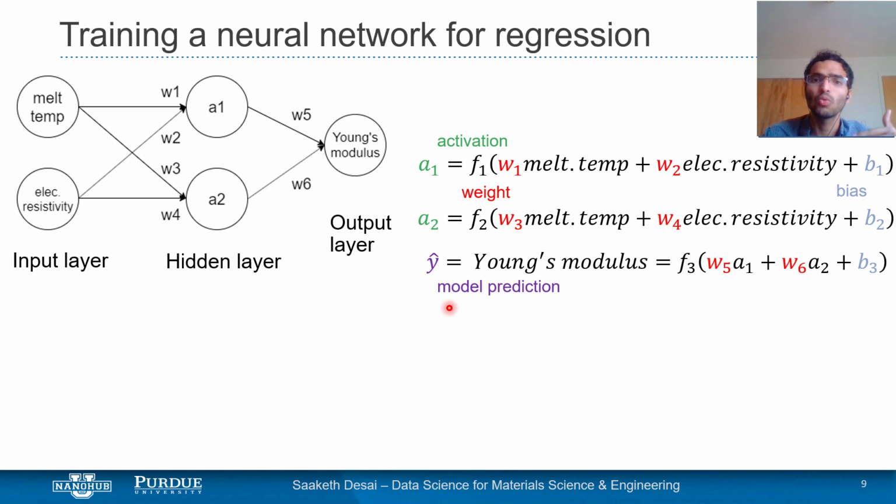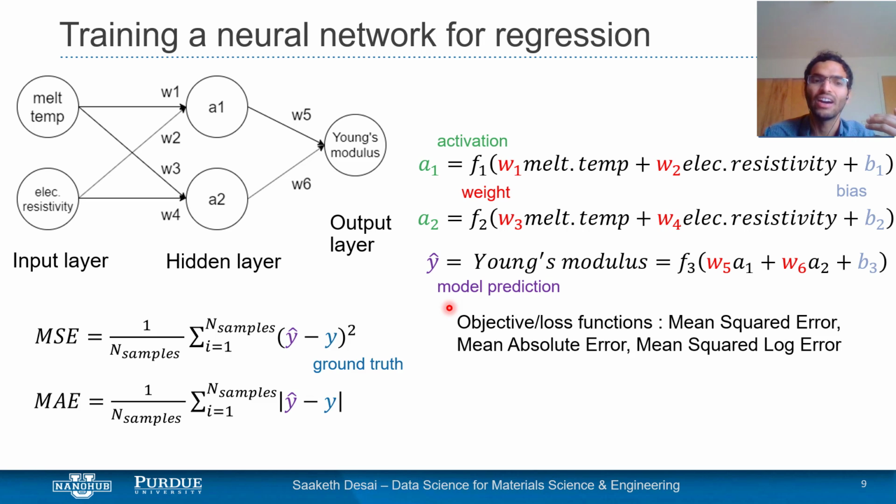To do this, we need to define quantitatively an error metric, commonly called a loss function or an objective function. One example of which you might have come across before is mean squared error, where you take the model prediction, compare it with the ground truth data, and square it, and take an average over all the samples in your data set to come up with the average squared error on an example in your data set.